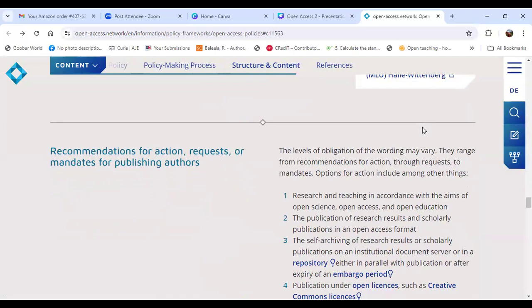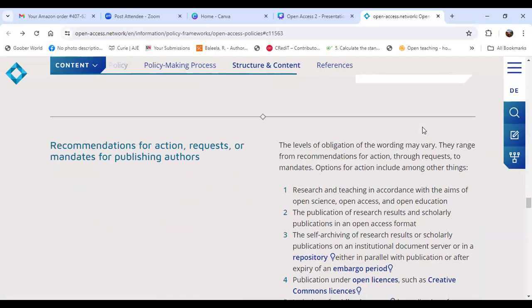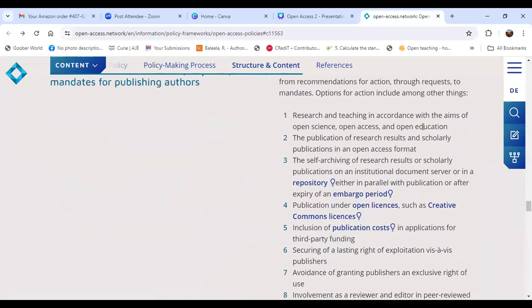There is a range of recommendations for action, and options may include, among others, research and teaching in accordance with the aims of open access, open science, open education, or OER, the publication of research results and scholarly publications in open access format. Self-archiving can be part of it. Publication under open access licenses, such as Creative Commons, that we went through in level 1.